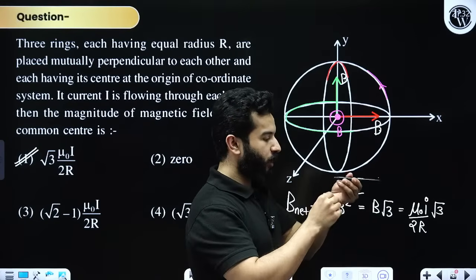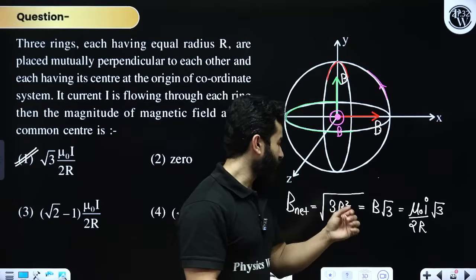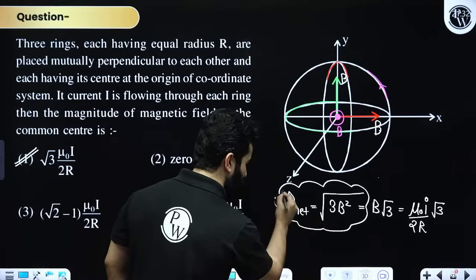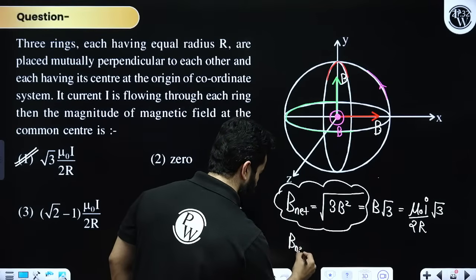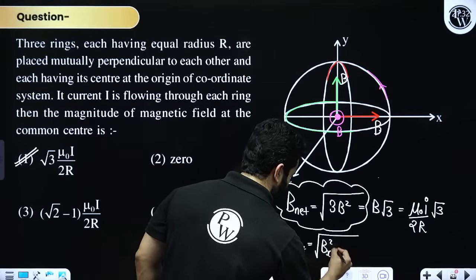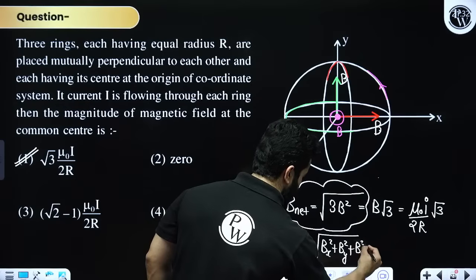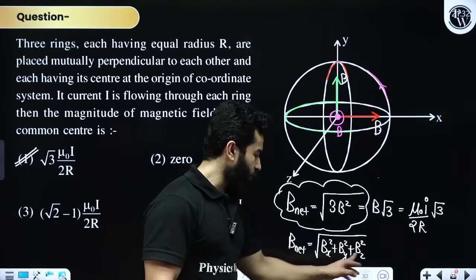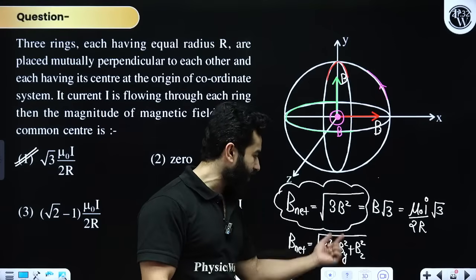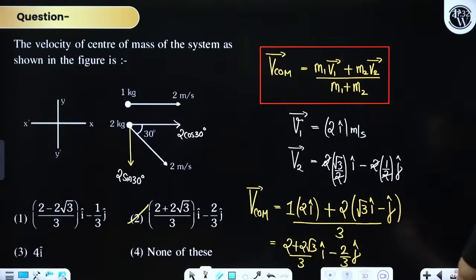So to find the net magnetic field, we use the basic formula, B net equals under root of Bx square plus By square plus Bz square. All of them have the same magnitude because the radius is the same and the current is the same. That's why I have written 3 times B square. I have explained everything here.